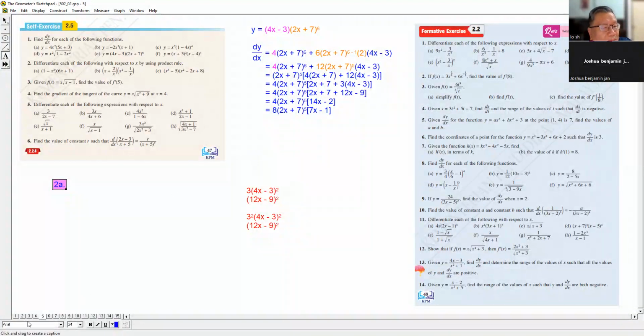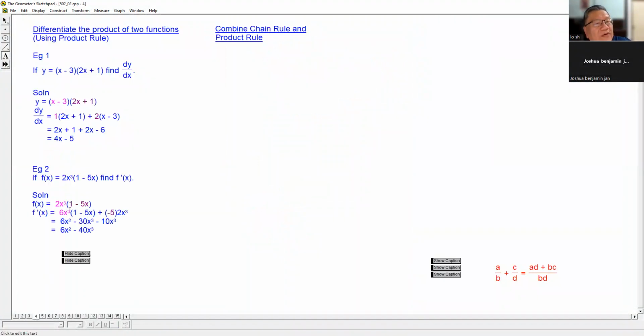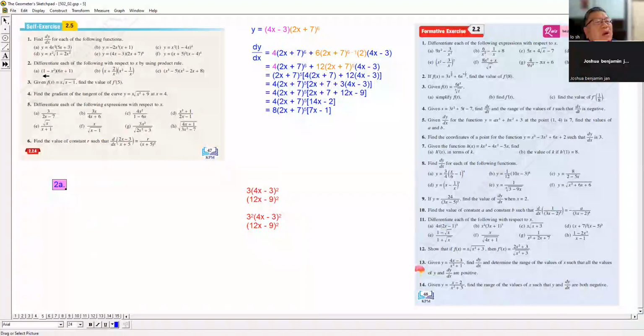You refer to this one, example number 1. Refer to example number 1. That's how to do 2A. Have you copied down the question? Not yet. You copy down this question, 2A.